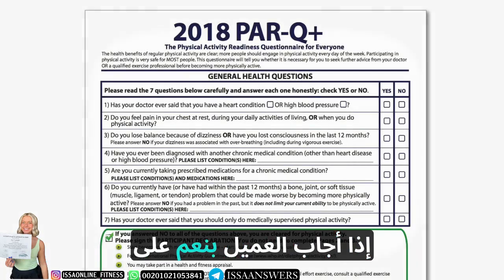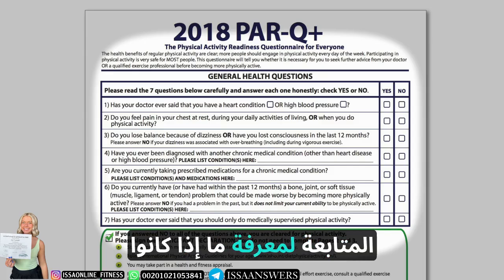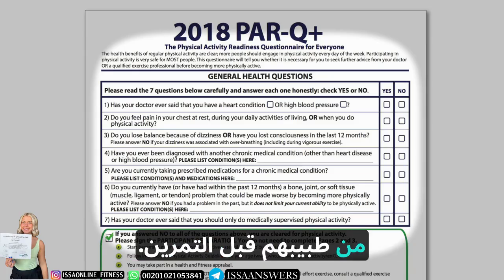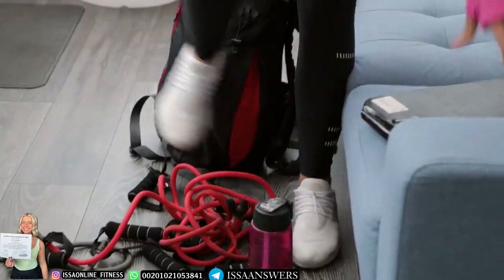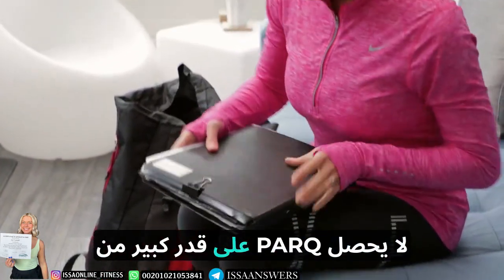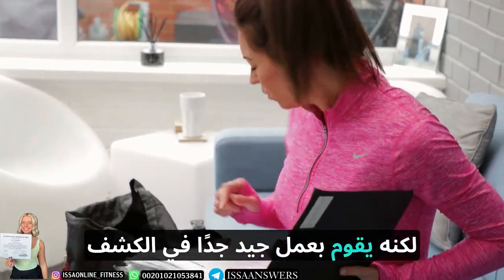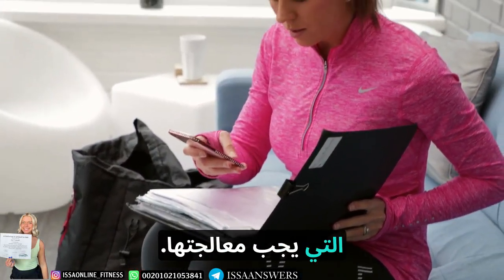If the client answers yes to any of the 7 questions, a number of follow-up questions are used to see if they need to obtain medical clearance from their physician before exercise. The PAR-Q Plus does not obtain a great deal of info for personalized program development, but it does a really good job of revealing dangerous risk factors that must be addressed.